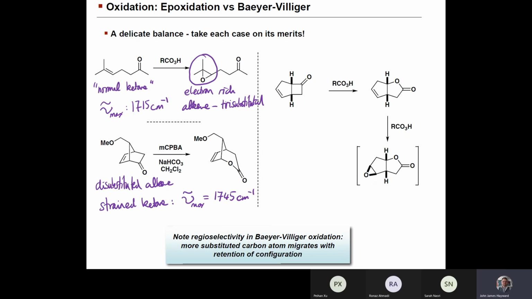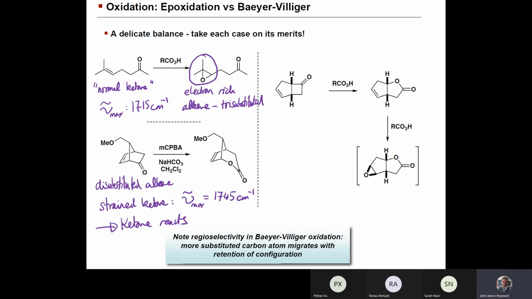So now the ketone reacts. If there is some strain on a ketone, then that will favor getting the Baeyer-Villiger oxidation rather than epoxidation.